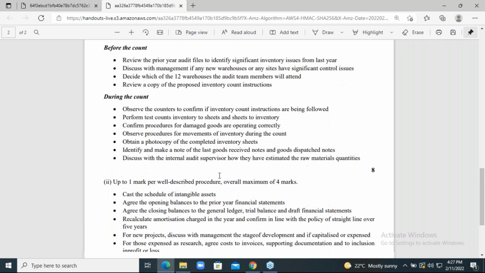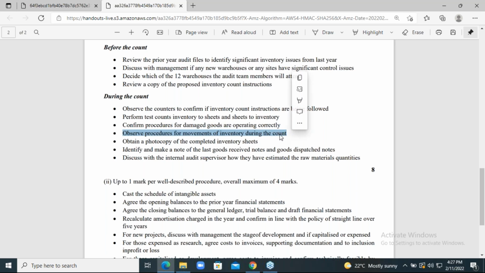So that is why we are going to apply this procedure and confirm that there is no movement during the inventory count. Confirm procedures for damaged goods, test counts, inventory sheets, inventory count instructions, take note of last GDN and GDR, discuss with internal supervisor how they have estimated the raw material quantities. So all these are the procedures that are relevant.